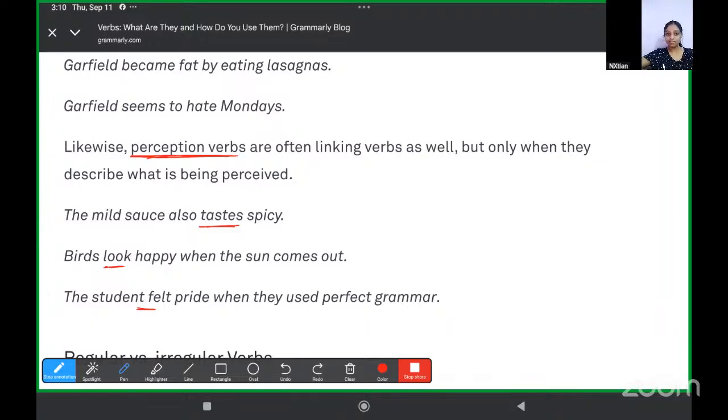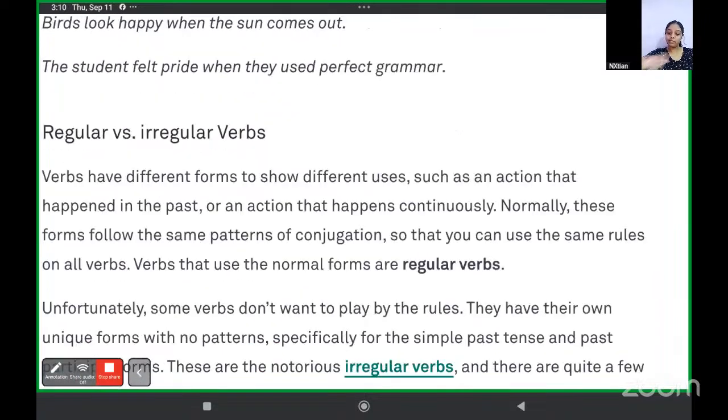Look is seeing, perception. Felt is feeling, perception. So it is taste actually, because we're talking about perception verbs. Understood?